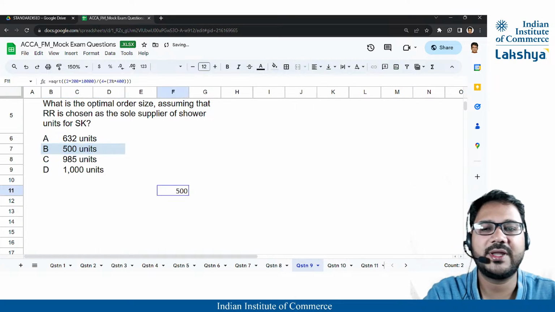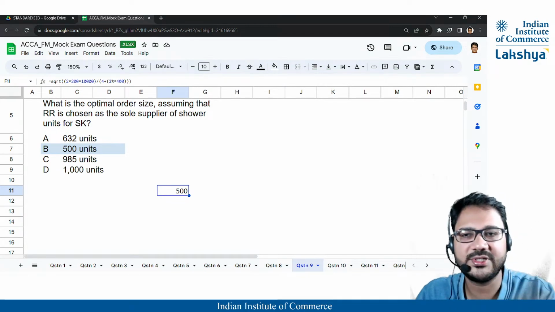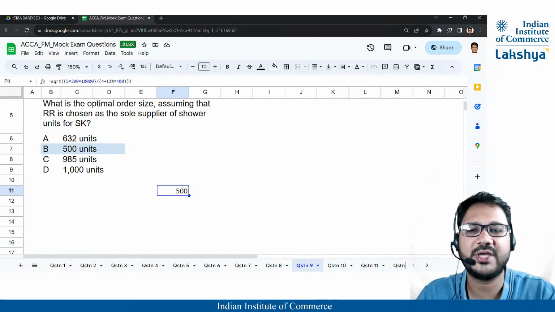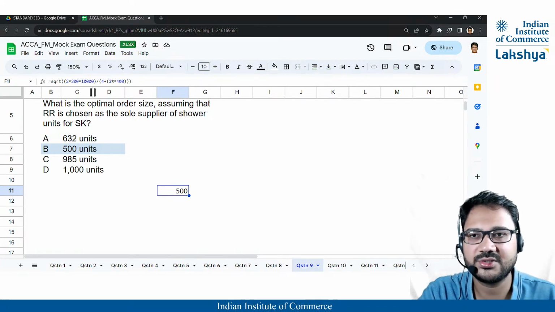You could write this entire equation in your on-screen calculator also. If you are not able to find the square root functionality, I'll just copy this whole thing.